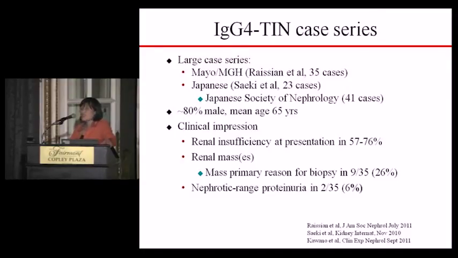And a unique characteristic is that a big number of patients will present with a so-called renal mass. As a matter of fact, a quarter of patients with IgG4 interstitial nephritis require renal biopsy because they find a renal mass.